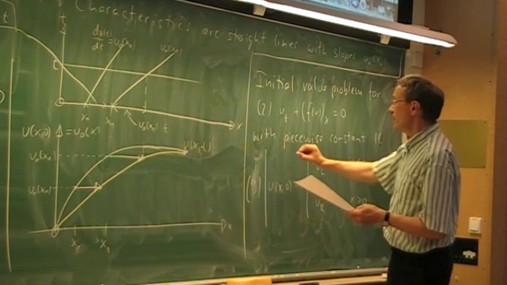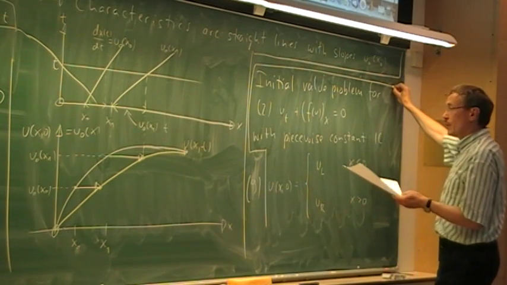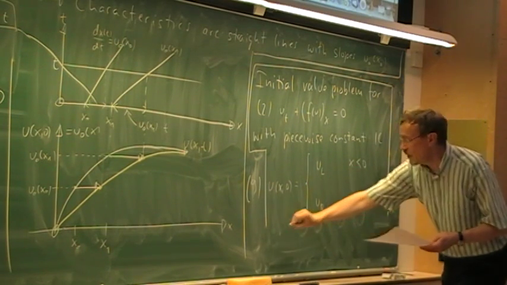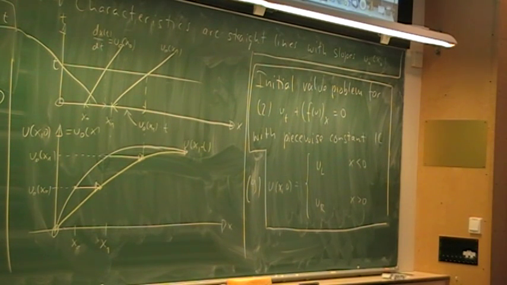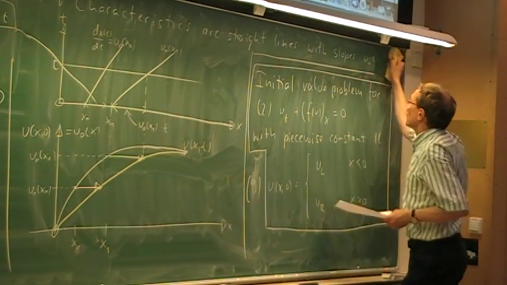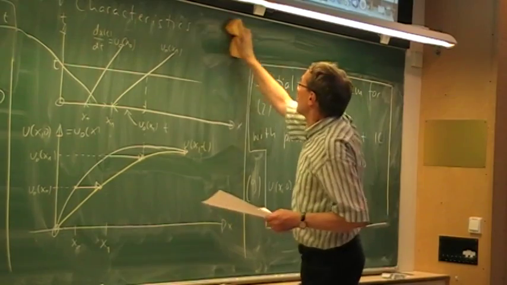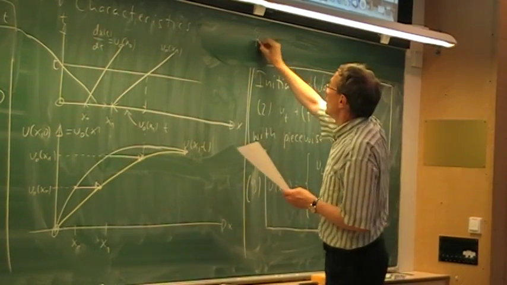And this together, this initial value problem for the scalar conservation law with this piecewise constant initial condition, that is called a Riemann problem.